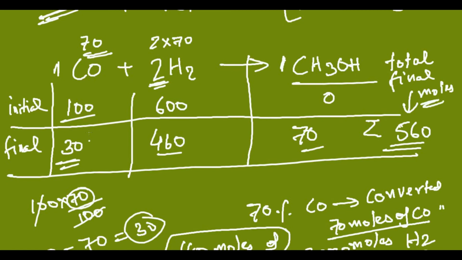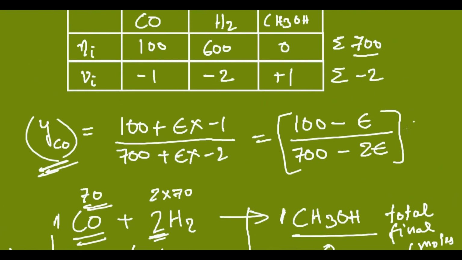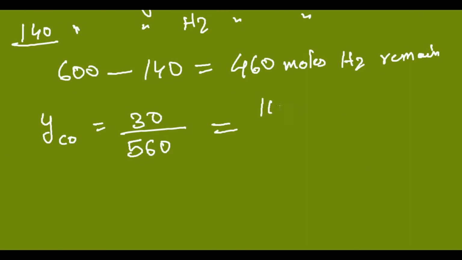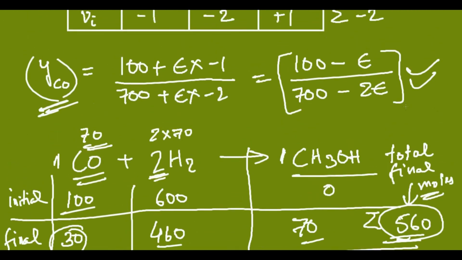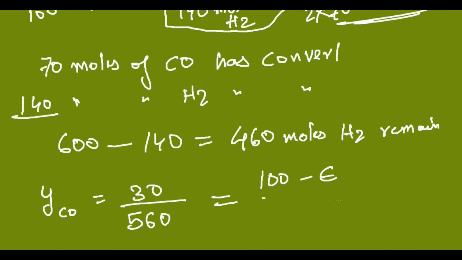So now I can calculate the mole fraction of CO. Mole fraction of CO is the moles of CO divided by total moles. So mole fraction is 30 by 560. This I will equate with the expression that I have, then I can easily find epsilon. So 30 by 560 is equal to (100 minus epsilon) divided by (700 minus 2 epsilon).